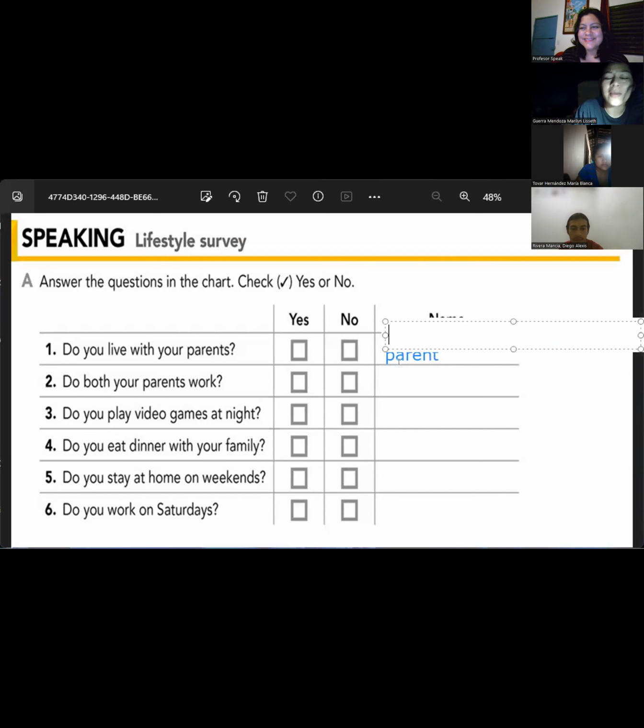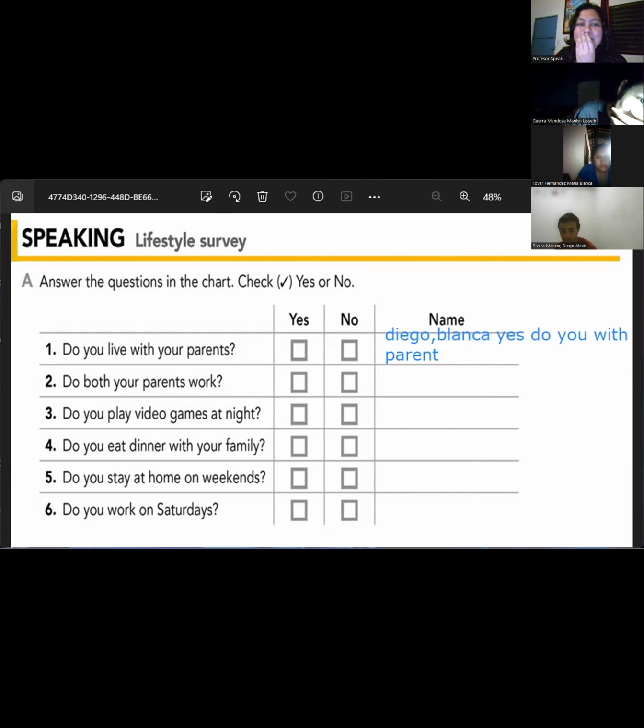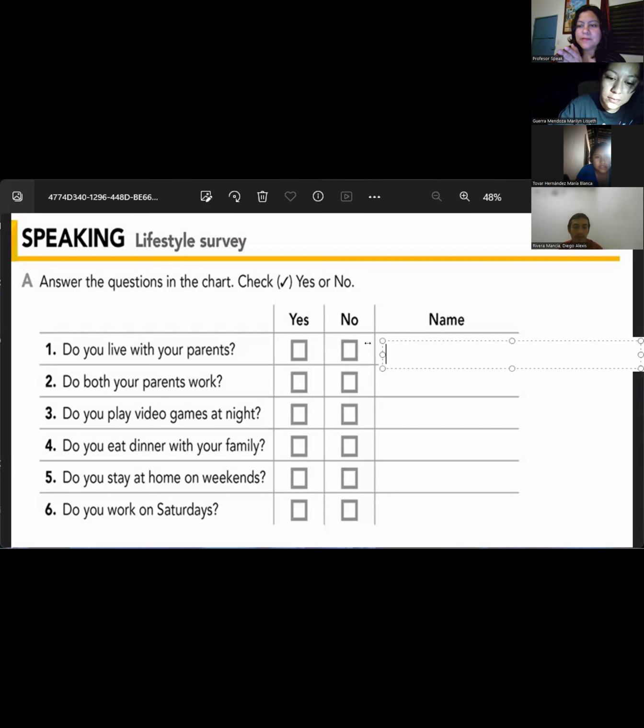El problema es que no sé cómo quitarlo, teacher. Ah, podemos, ahí está la opción de un borradorcito. Lo borramos todo. Ok, está bien. Tiene que ser Diego and Blanca live with their parents. Teacher, what is the meaning of both?